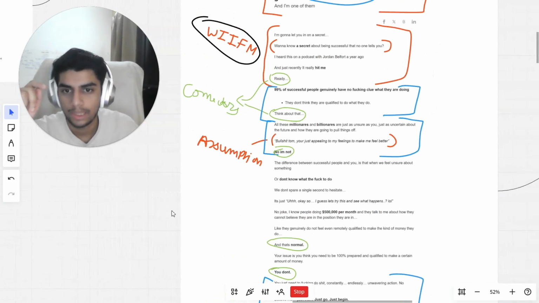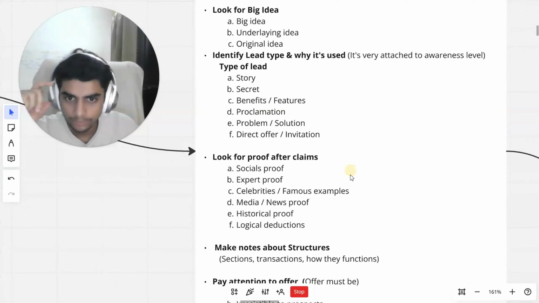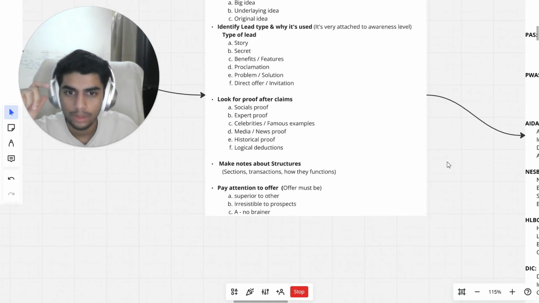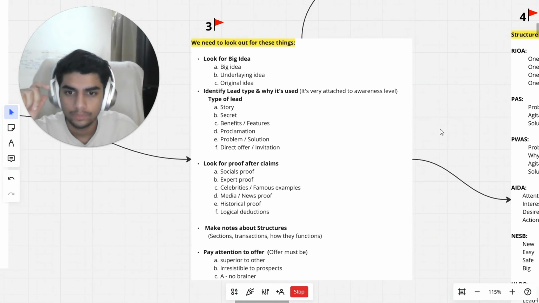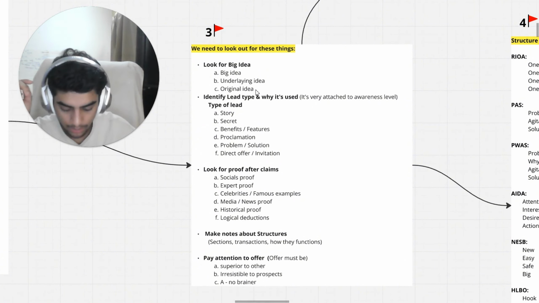One more thing that I need, let's get back to it. We are marking our structure. I've identified the big idea, the original idea also. Let me just write it down.